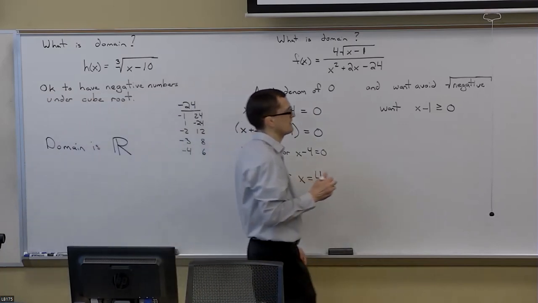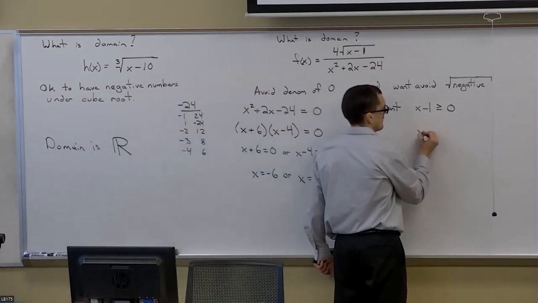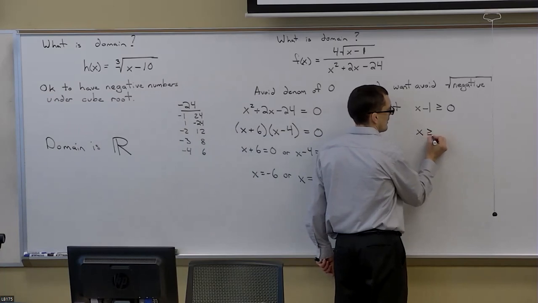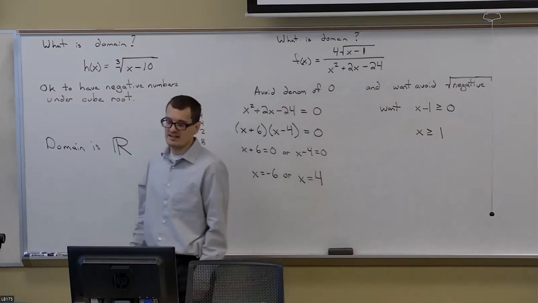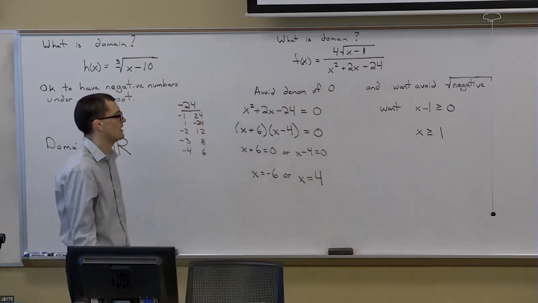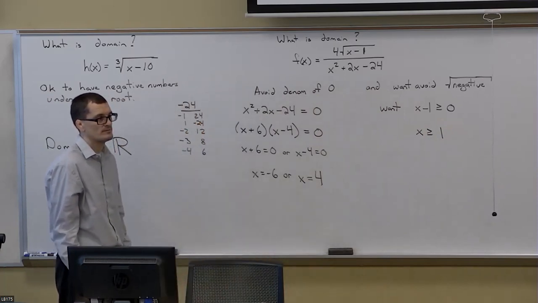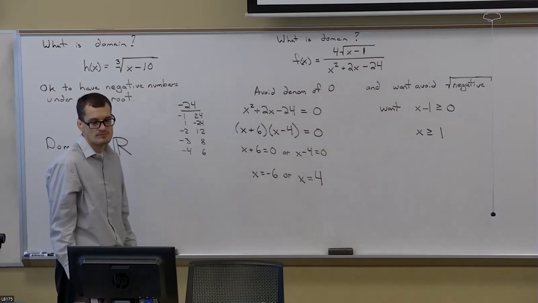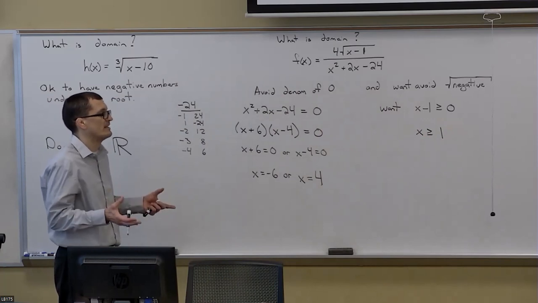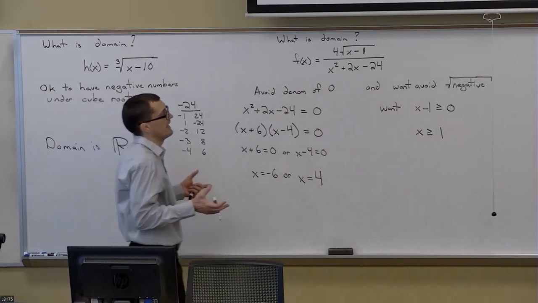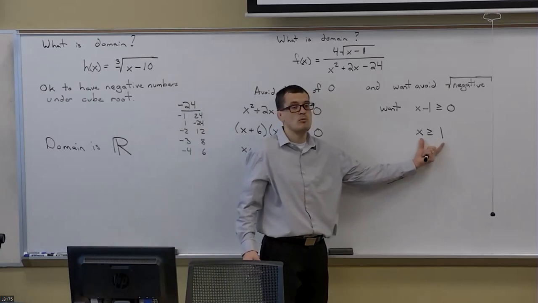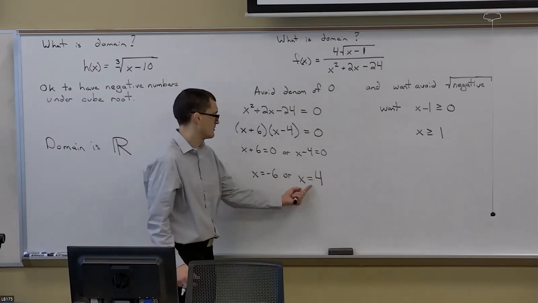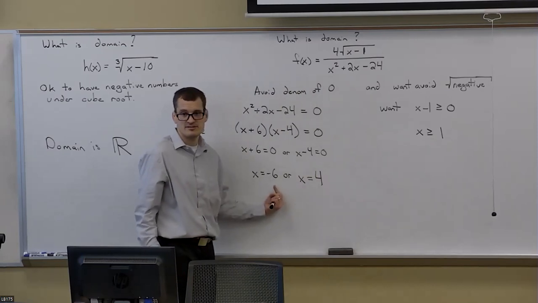Adding 1 to both sides means that I want all of my x's to be 1 or more. So if you're thinking about the domain, here is all x, all values that are 1 or more, but then I have to avoid these.